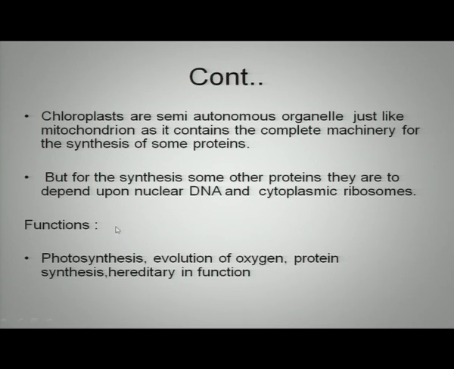Now, coming to its function, the first and the primary function is photosynthesis. It will trap light energy and it helps in photosynthesis. As a result of photosynthesis, there is the evolution of oxygen. You have already learned the same in photolysis of water in the chapter photosynthesis.